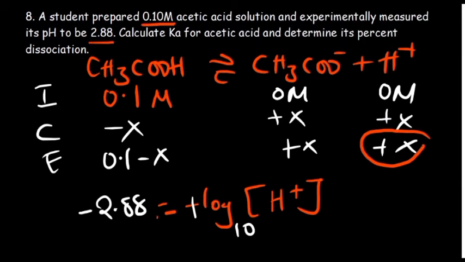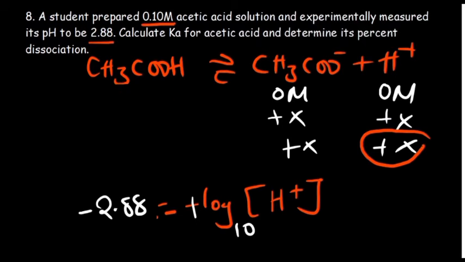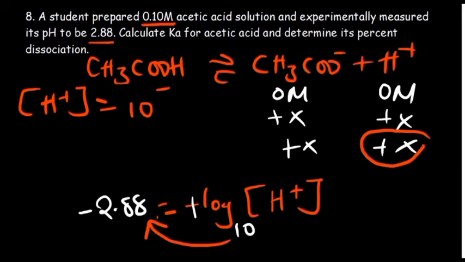So therefore the hydrogen concentration in this case is going to be, this 10 can go the other side from the laws of logarithms, so it's going to be 10 to the power negative 2.88.